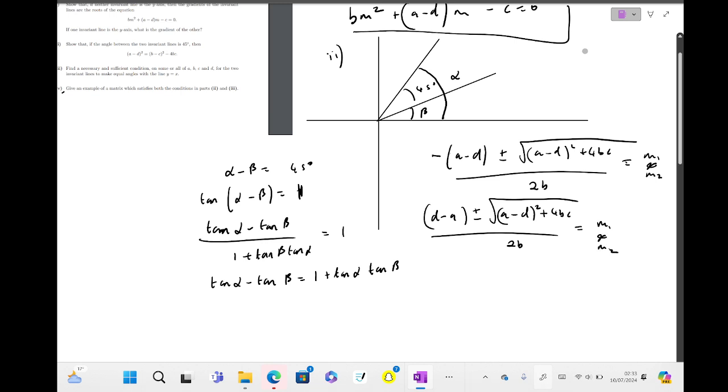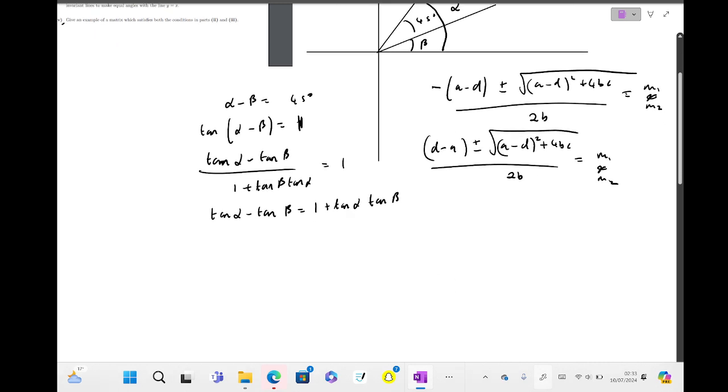Cool. Now, if we just plug in tan alpha and tan beta and hope something cancels, we end up getting something like this. So tangent alpha minus tangent beta, which would be m1 minus m2, will just end up being 2 root a minus t whole squared plus 4bc.